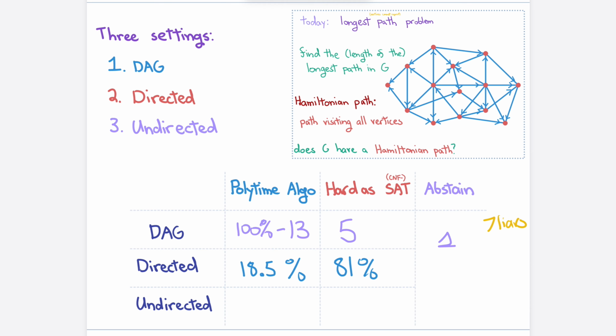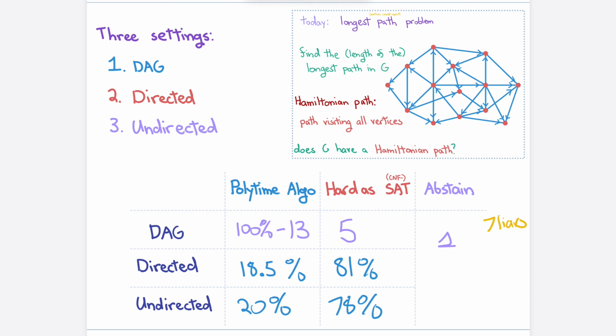Last row is undirected graphs. Who thinks we can get an algorithm for undirected graphs? 1, 2, 3. Okay, so I'd say that's a little more. And who thinks it'll turn out to be hard?